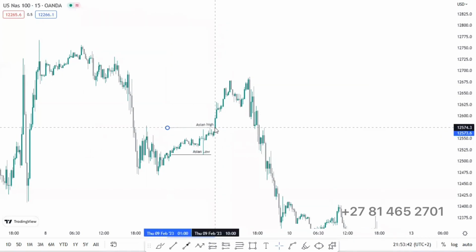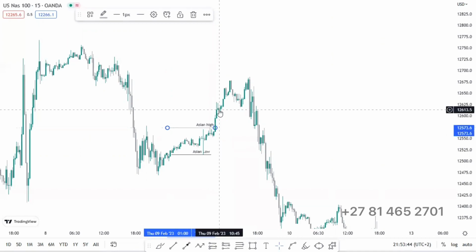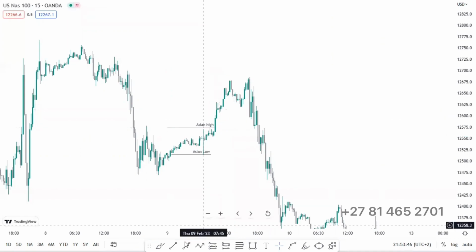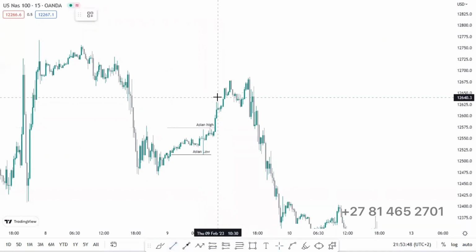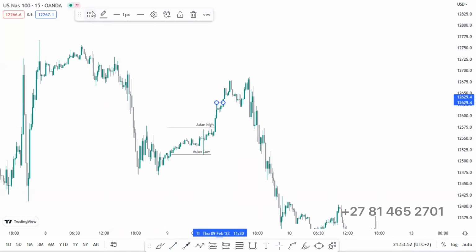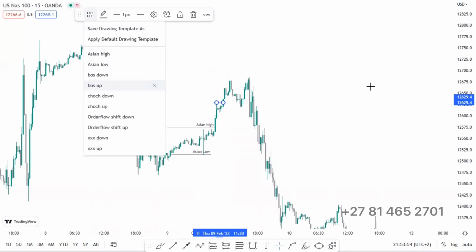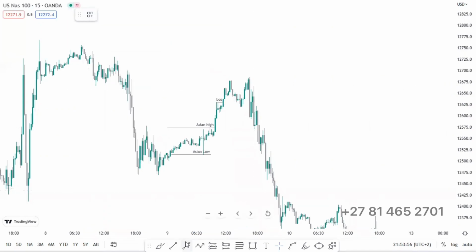So what we would wait for is just a sweep of liquidity. As you guys can see, there's our break of structure to the upside there. Here's our grab of liquidity here. This is the trade that I took, by the way.